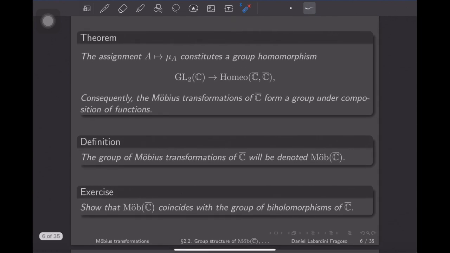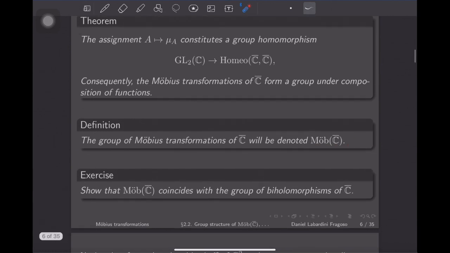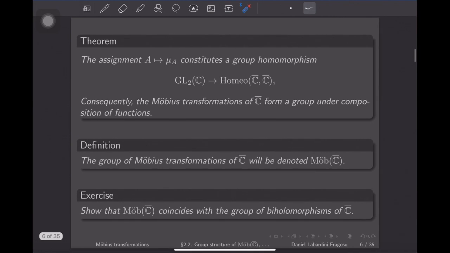But now, knowing that the Möbius transformations of C bar form a group, which I denote Mob of C bar, similar to how I denoted Mob of the complex projective line, there's an exercise.